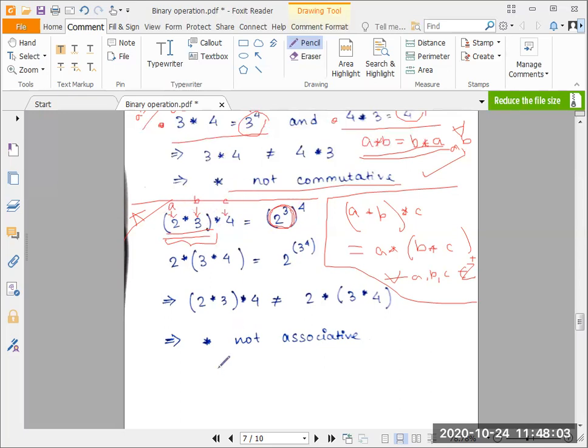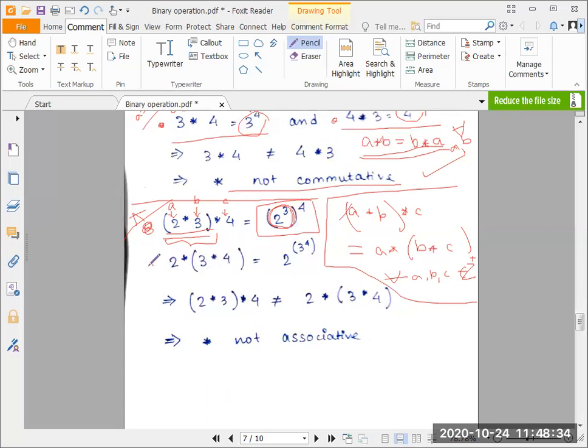You take the first number and raise it to the second number. So the first number is 2 to the power 3, the second number is 4, so it will be 2 to the power 3, raised to the power 4. This will be my first equation: for A star B star C, I have (2 to the power 3) to the power 4.